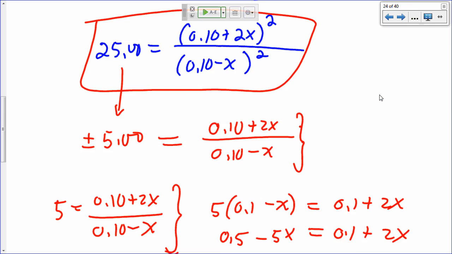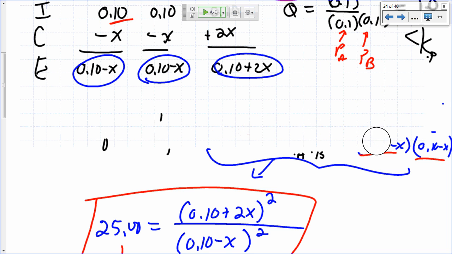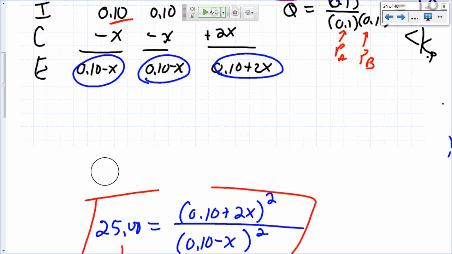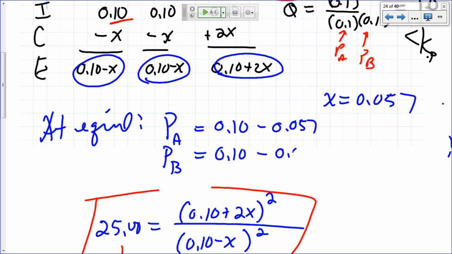So if you know it's 0.057, how do we finalize our answer here? Then you can say, okay, what did we say x was? X is 0.057. So we say at equilibrium, partial pressure of A is 0.10 minus 0.057 atmosphere. Partial pressure of B is 0.10 minus 0.057.